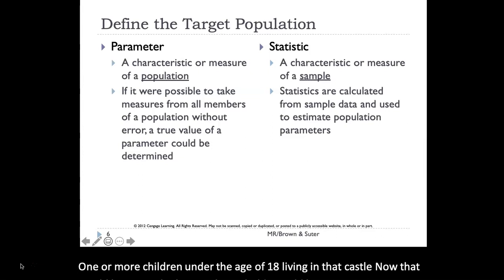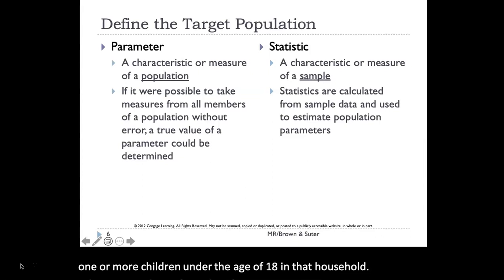Now, obviously, we could get that information much quicker than if we would try to interview or survey every single household in Sacramento with one or more children under the age of 18 in that household. Okay, so whatever we derive from that, if it was statistically significant, we could infer that information to be true to the entire population, or the same as a census, if that makes sense to you.